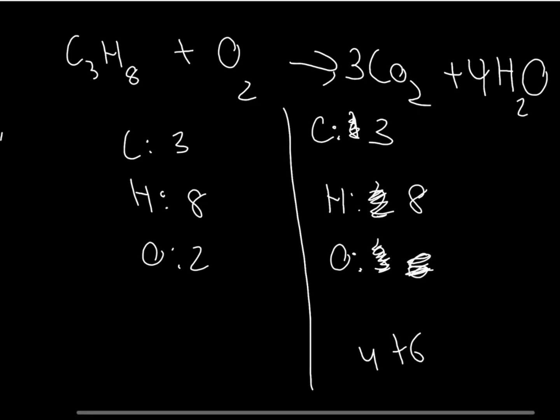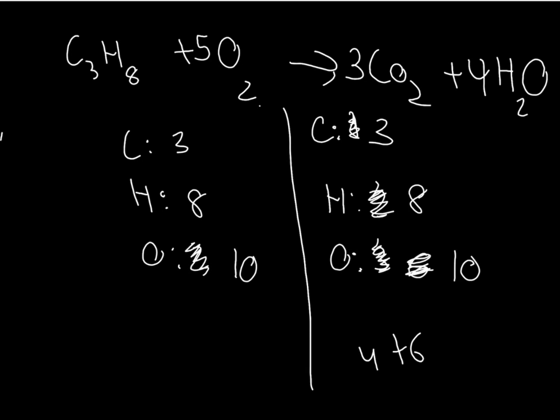So now we have 10 oxygen atoms. So now at the end, we would just put a 5 here, because 10 divided by 2 is 5. And it looks like everything is balanced. This one's pretty tricky.